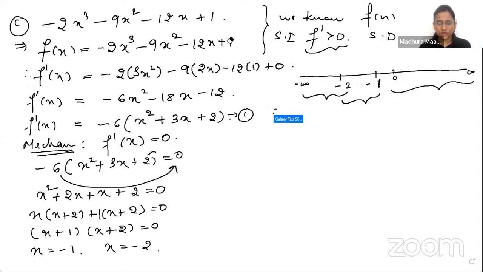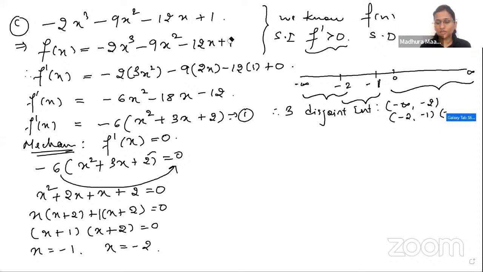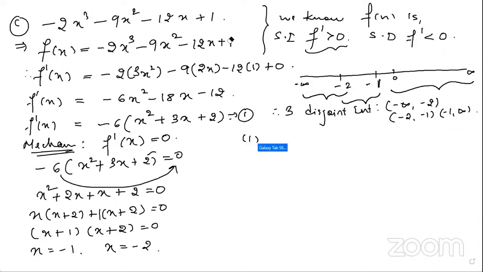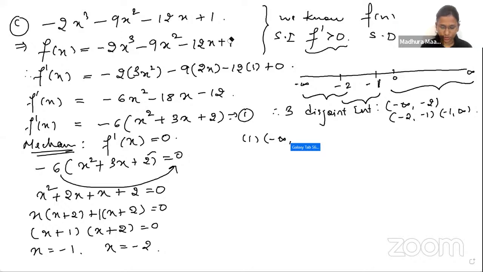Therefore the three disjoint intervals are minus infinity to minus 2, minus 2 to minus 1, and minus 1 to infinity. So how many times I have to check here? 3 times.